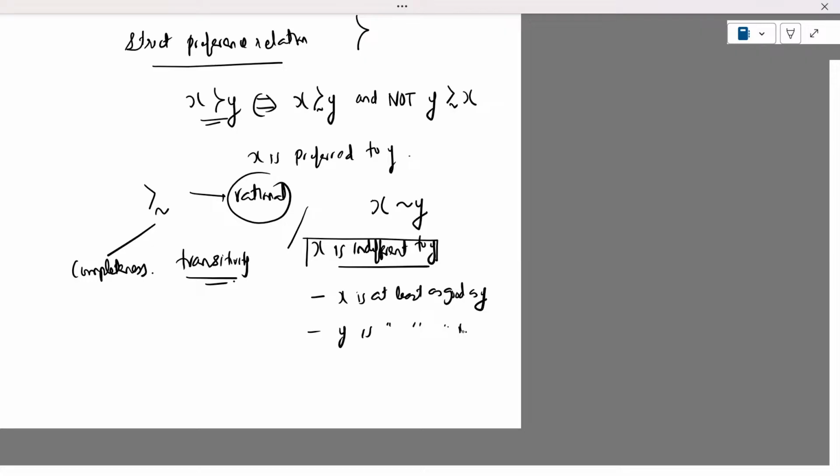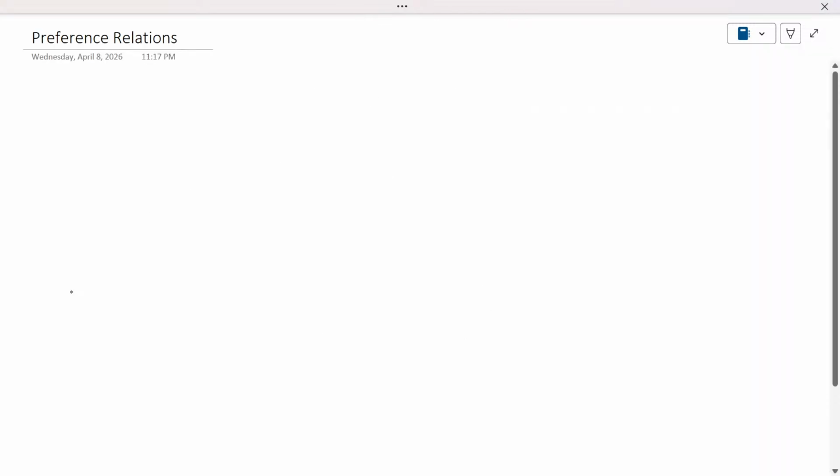Then we can come to completeness and transitivity. The preferences are assumed to be rational, and the at least as good as relation is called rational if it satisfies these two properties. So we can now come to completeness.